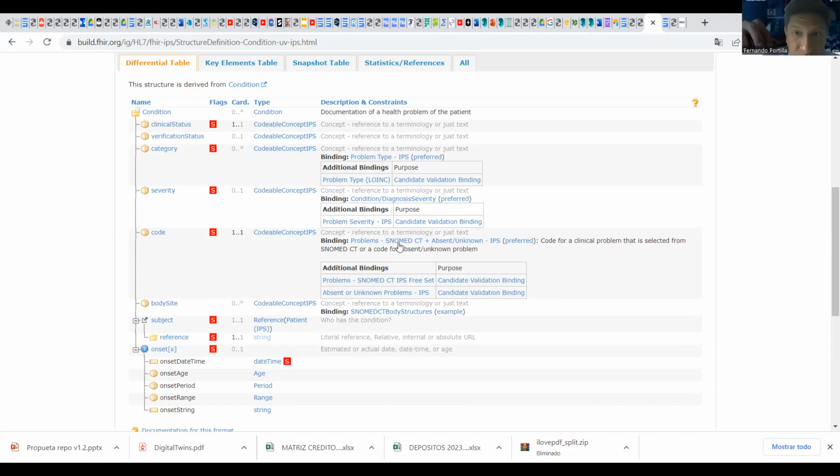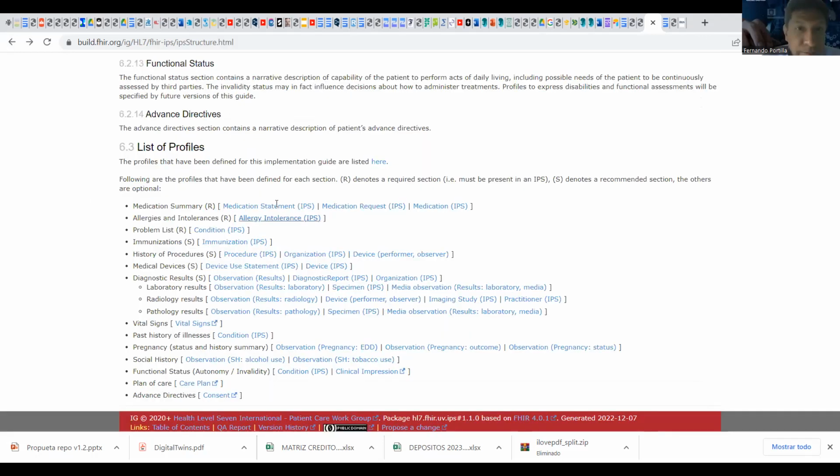So here for the codification, they are recommending the binding. This is, for example, the SNOMED code. For diagnosis, we can use SNOMED to use that in the IPS specification.